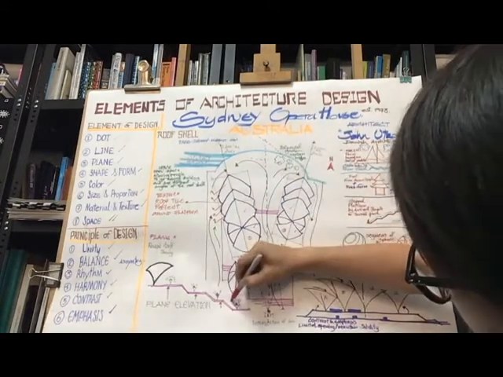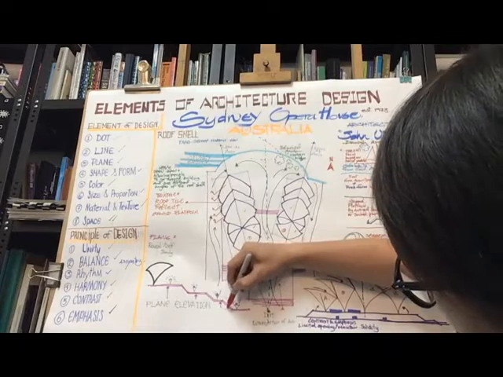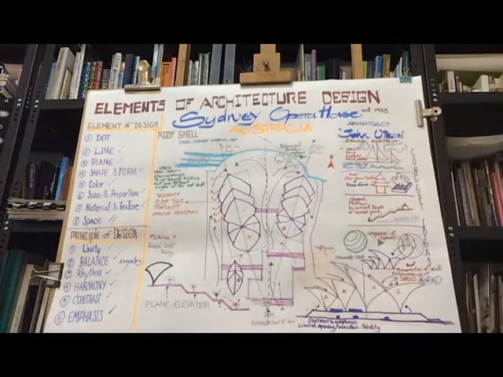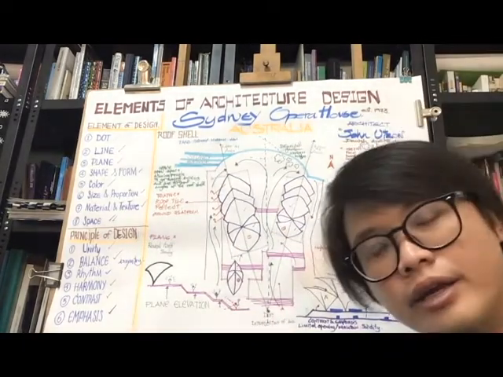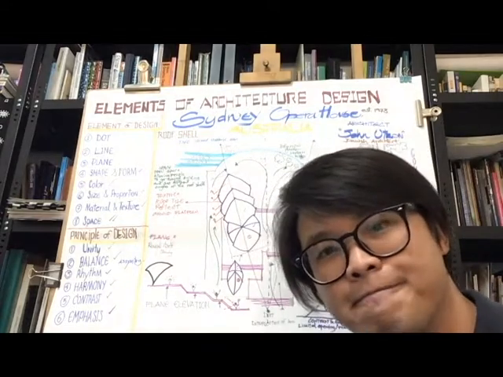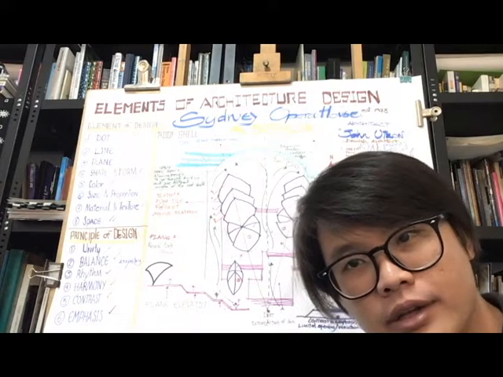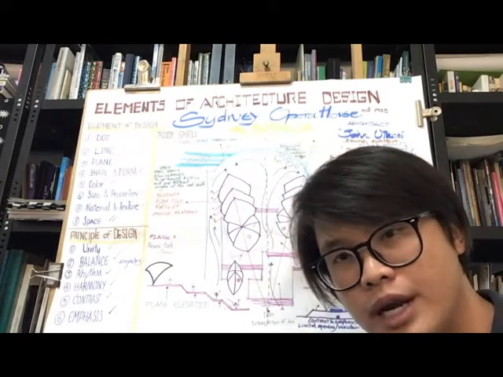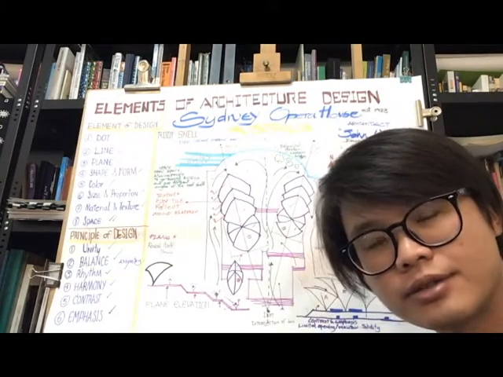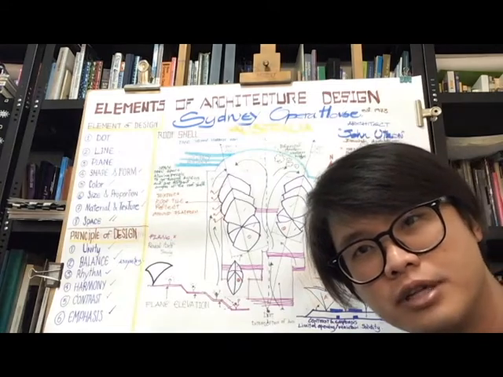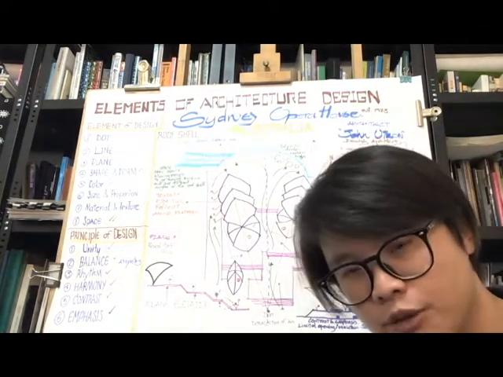So yeah, it's how I explain the architecture from the perspective of elements of design. So I hope you learn that and can adjust the design process to your own project as well.